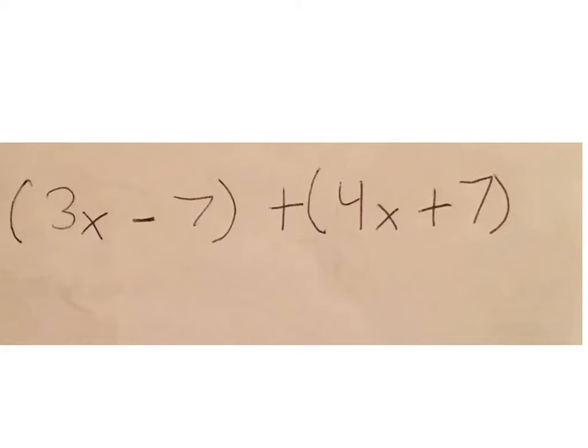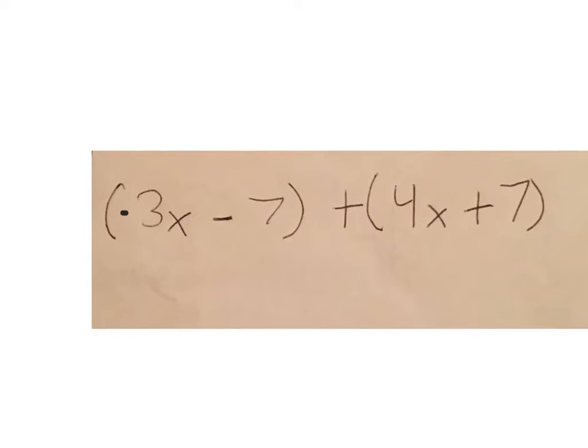So for this problem, we are adding negative 3x minus 7 plus 4x plus 7. So what we can do right away is add the negative sign, because I forgot.